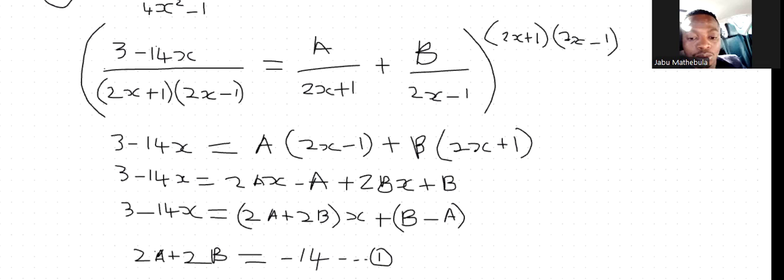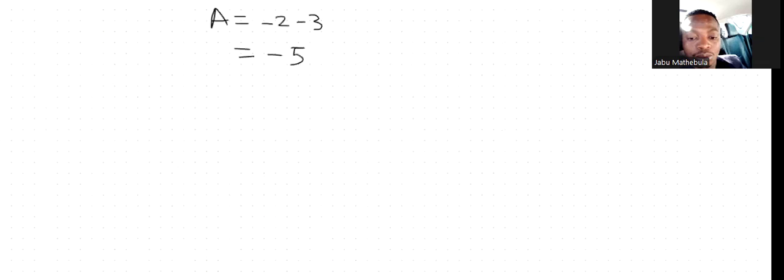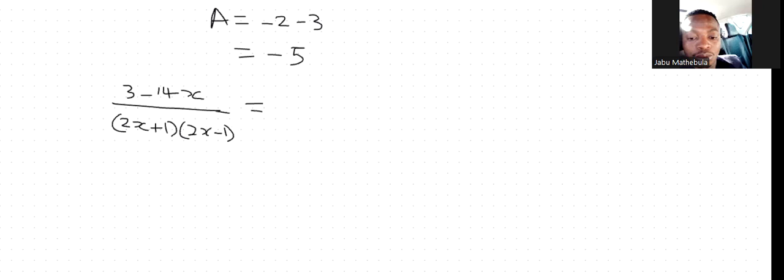It's going to be 3 minus 14x over 2x plus 1, 2x minus 1 is equal to A, which is minus 5 over 2x plus 1, right?